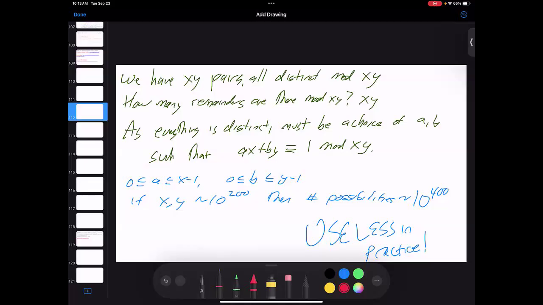In the general case, maybe write X as X tilde times D, and Y as Y tilde times D, with GCD of X tilde and Y tilde equal to 1. Maybe try something like that. So we have enough to know that A and B exist, but we don't have enough to prove it efficiently.